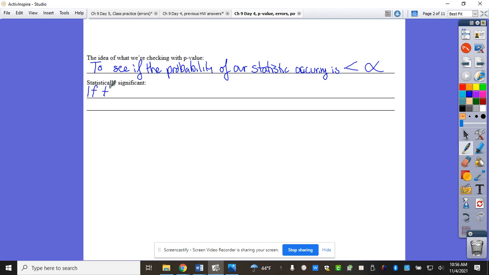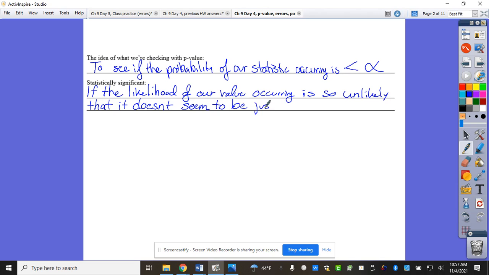If the likelihood of our value or our event, our statistic, is so unlikely that it doesn't seem to be just variation due to chance.